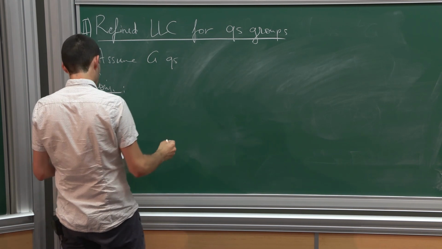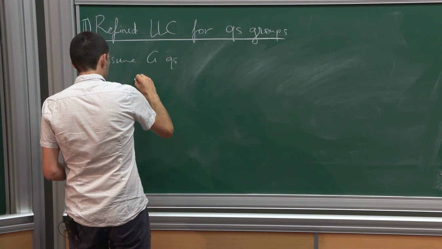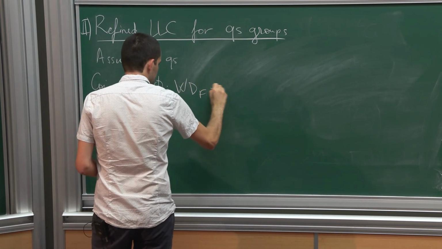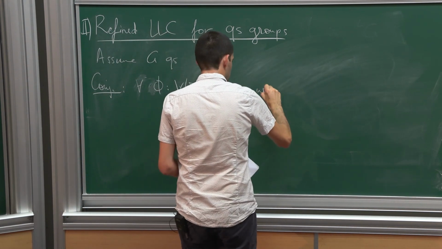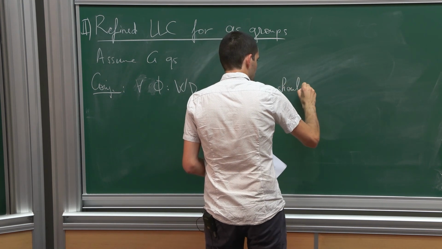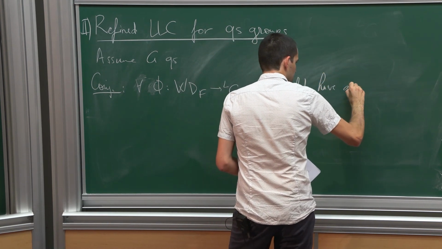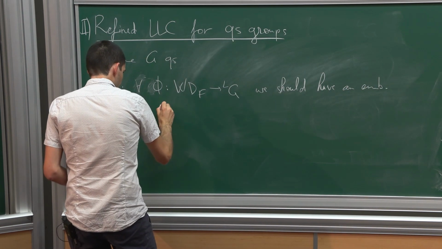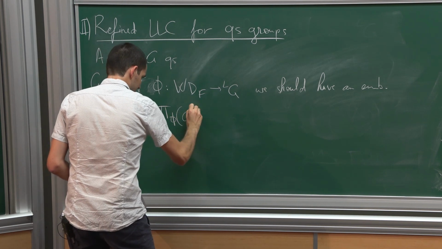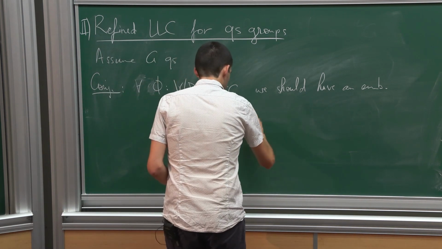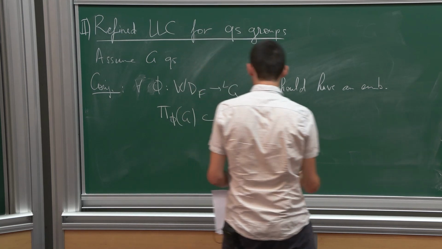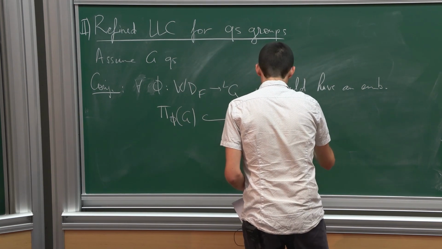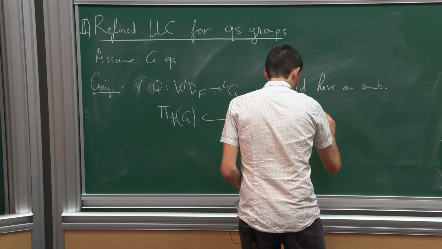So the conjecture is that for any Langlands parameter phi, we should have an embedding of the L packet in the set of isomorphism classes of irreducible representations of the group of connected components of this S bar phi.